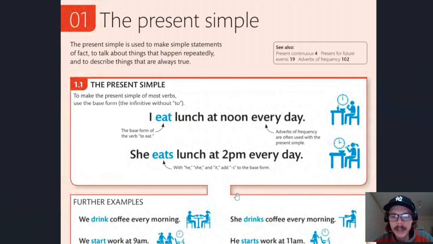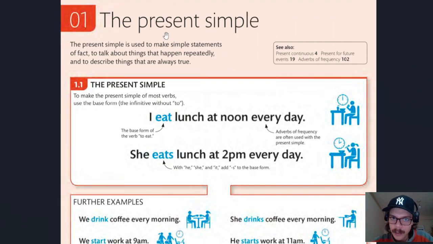The reason why I actually enjoy this book is because the examples are pretty simple, but more importantly, I feel it's very visual, and normally having a solid visual reference helps students remember things related to grammar. So hopefully you guys will enjoy it as well.